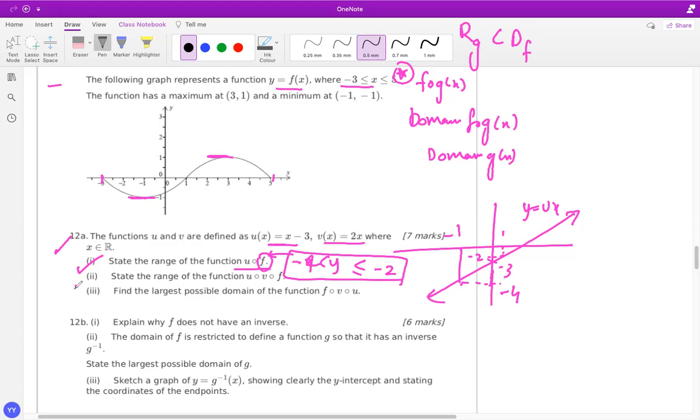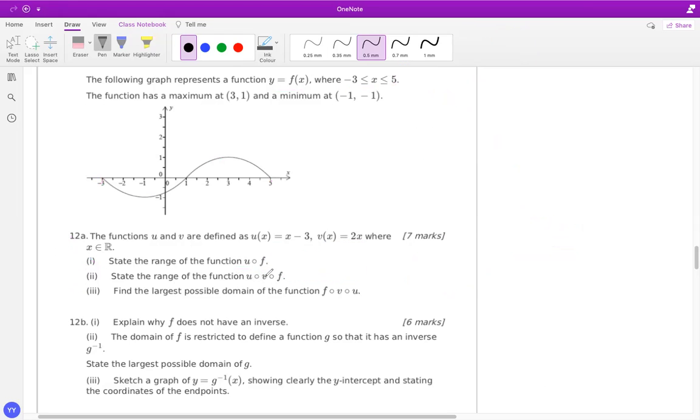Now, they're asking about the range of u of v of f. To find out the range for u of v of f, firstly, when you're finding the v of f function, the range of v of f will become -2 to 2, because as we just did, my f takes values from -1 to 1, so the range of f becomes the domain for v.